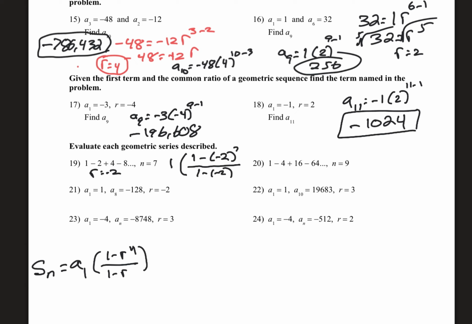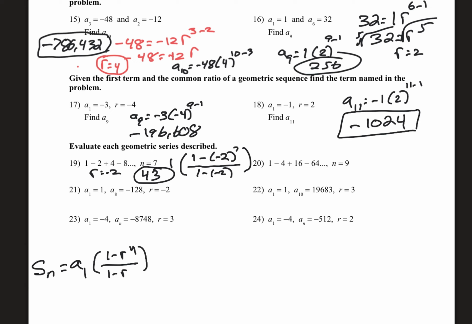Calculate that out, and you get 43. Got to punch all that in your calculator, and hopefully you get 43. 1 minus negative 2 raised to the 7th, divided by, yep, that one works.